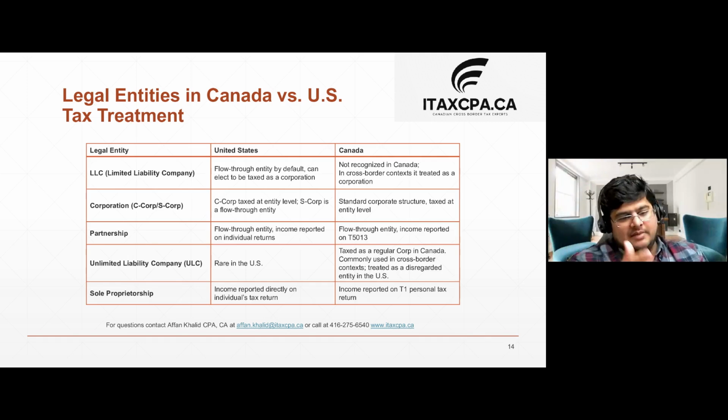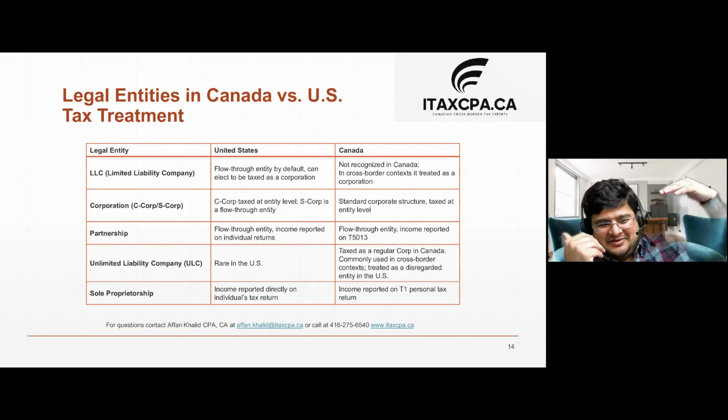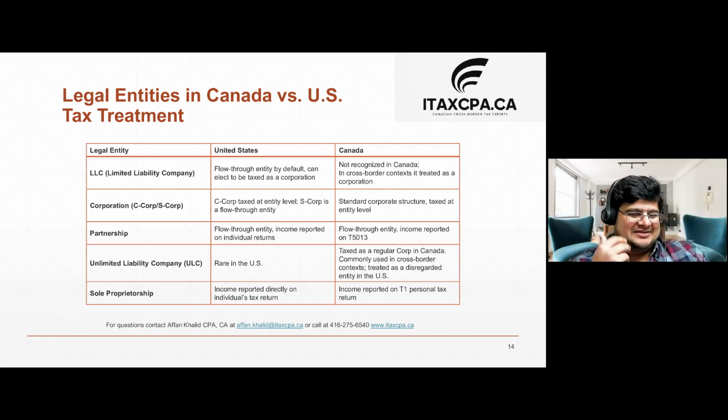So when US companies are setting up structures in Canada or acquiring a Canadian subsidiary, they might prefer a ULC because it offers flow through treatment from a US perspective. But from a Canadian perspective, a corporation is a corporation, as I said. If you incorporate, you can call it ULC, limited liability, LLC, it is a corporation and will be paying taxes.